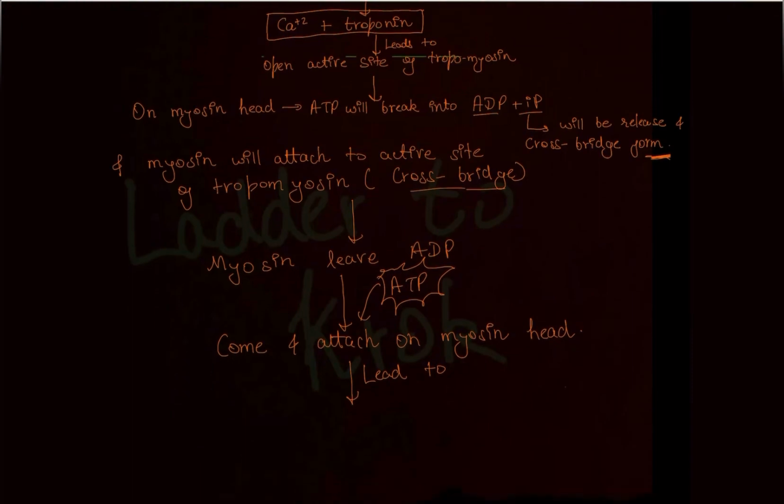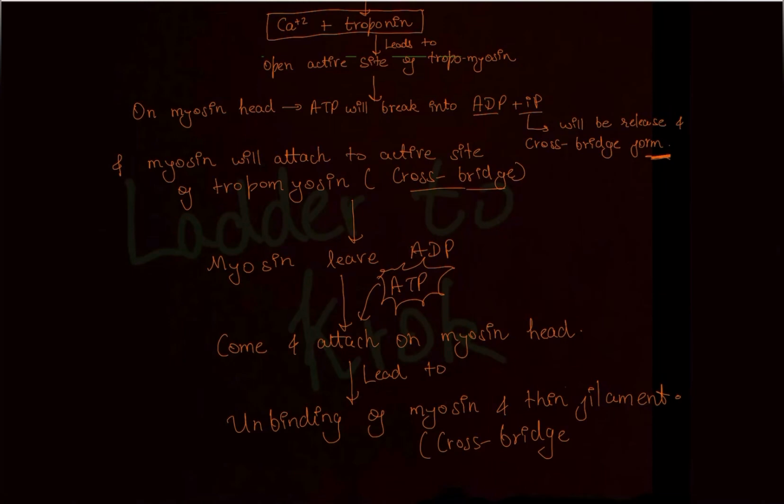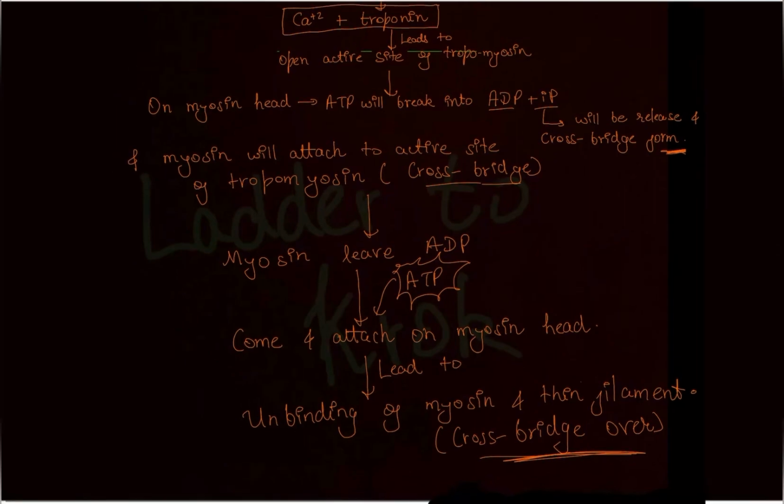So it leads to unbinding of myosin and the thin filament. What is this thin filament? That actin filament. Unbinding of myosin and thin filament, and this is known as cross bridge formation ended or over. So now there is no cross bridge.